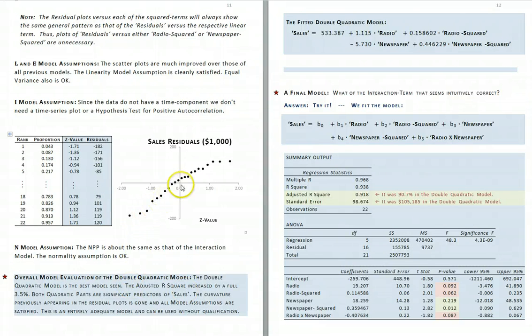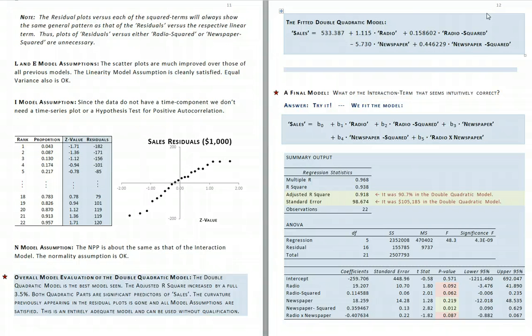The normal probability plot is good. Overall, this model is an excellent model. Using the Excel regression output, we can write the estimated regression equation.